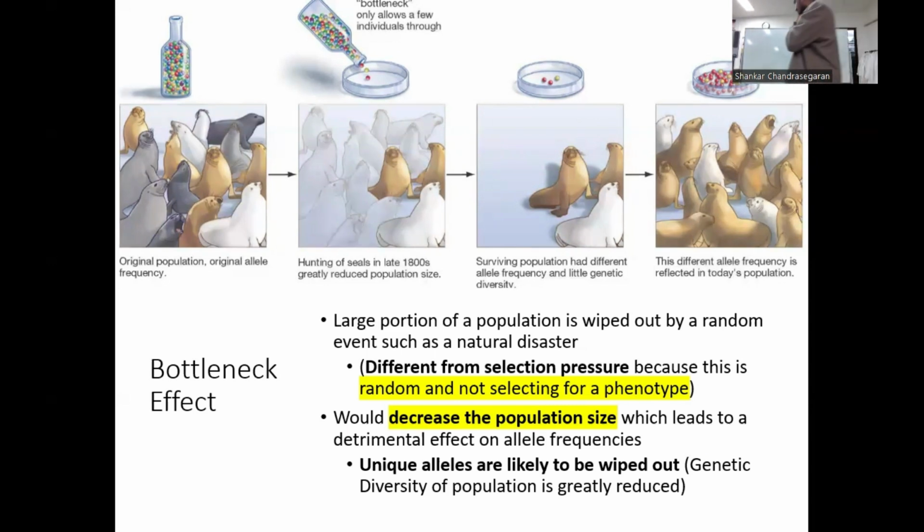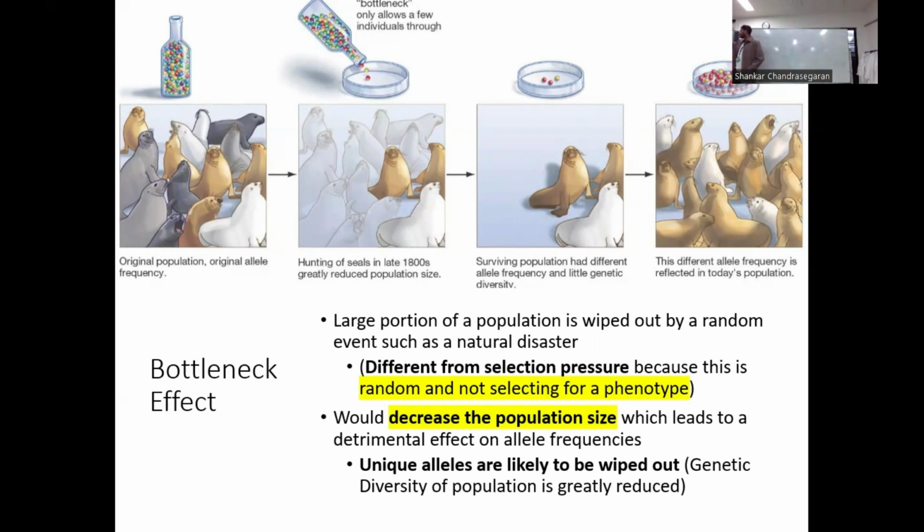Like I said, this is different from selection pressure, because this is random and not selecting for any phenotype. It is just eradicating a bunch of the population. And why is that a horrible thing? Any unique alleles that were present in that population could potentially be wiped out, losing a lot of genetic diversity in the population.